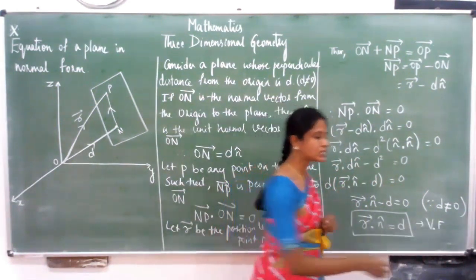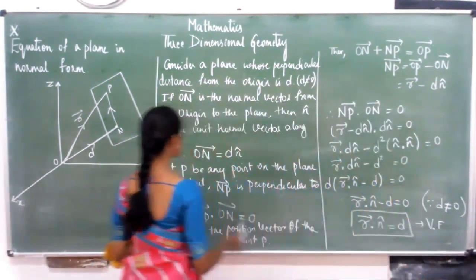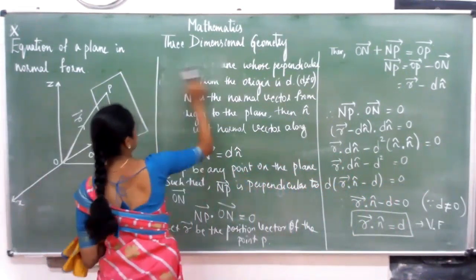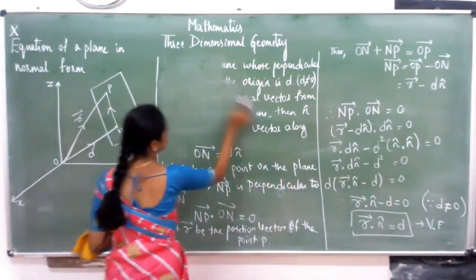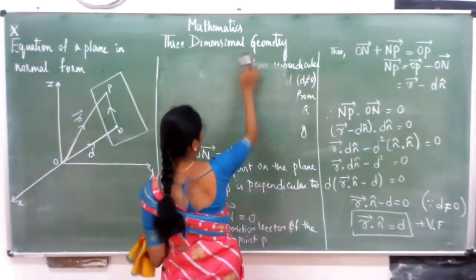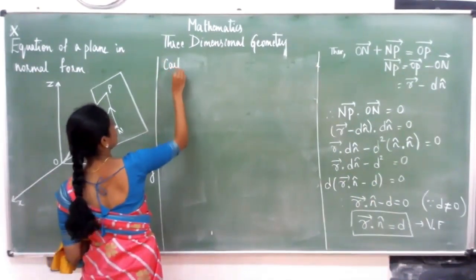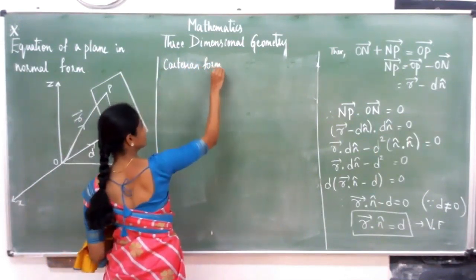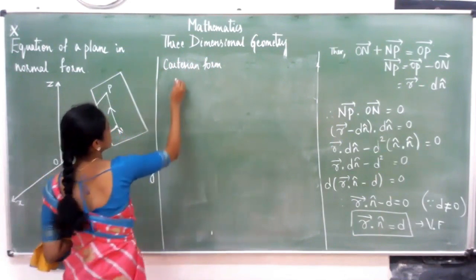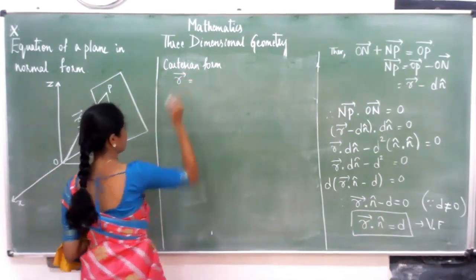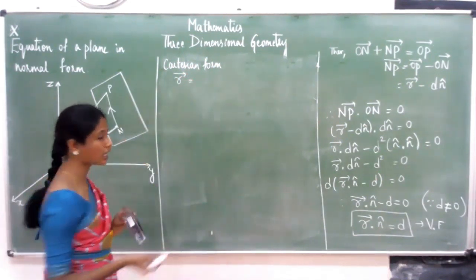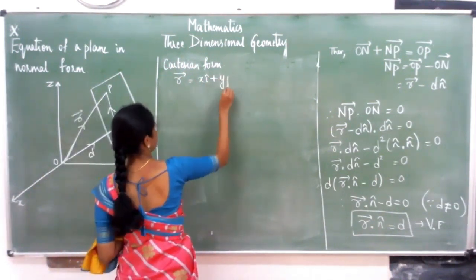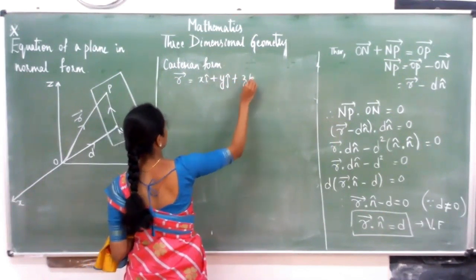Let us derive its Cartesian form. In order to derive its Cartesian form, let us first write the components of vector R. Vector r, as we always write, is xi cap plus yj cap plus zk cap.